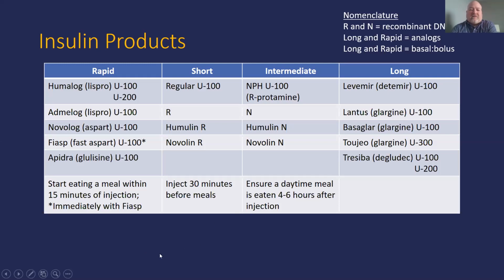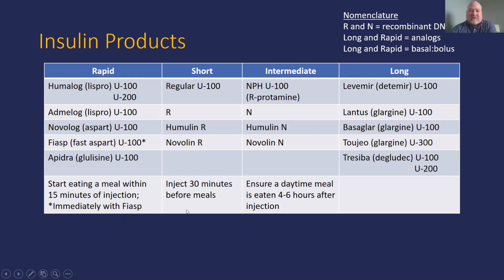So when rapid insulins came along, the phraseology when talking about the timing refers to a 15-minute window. Well, inappropriately, sometimes people think that it means you're supposed to inject the insulin 15 minutes before eating, because that's the concept with R. You take the insulin a certain amount of time before eating.